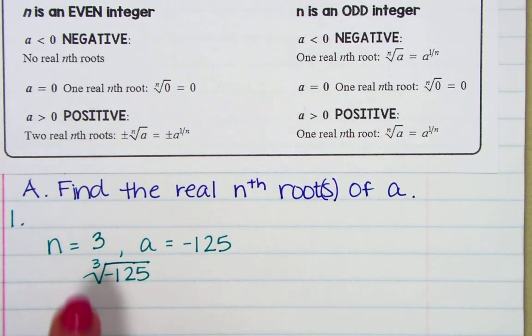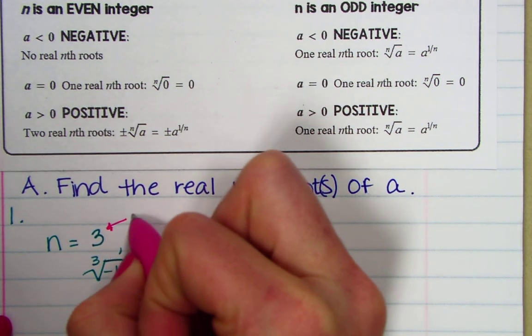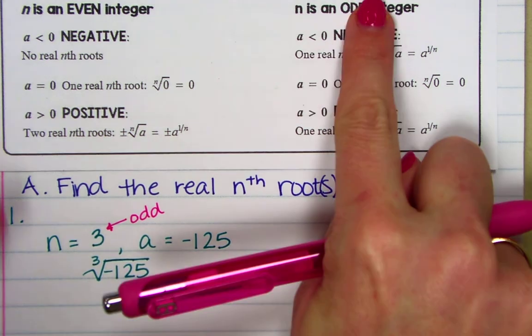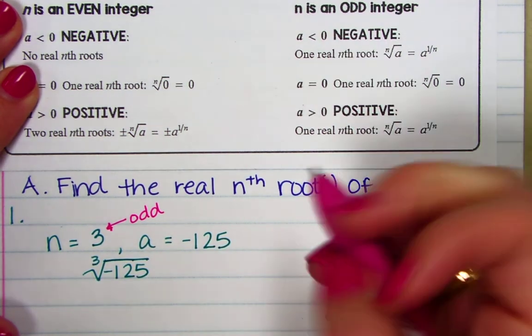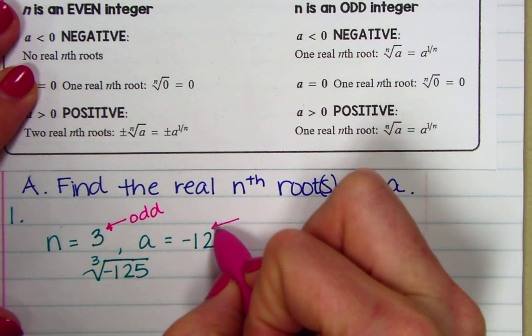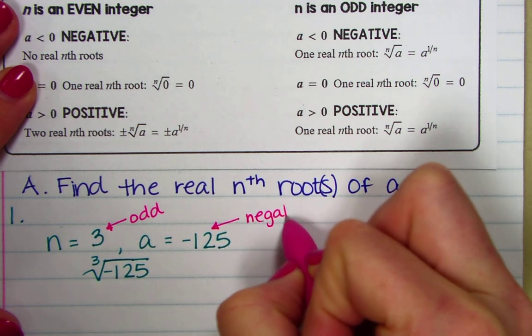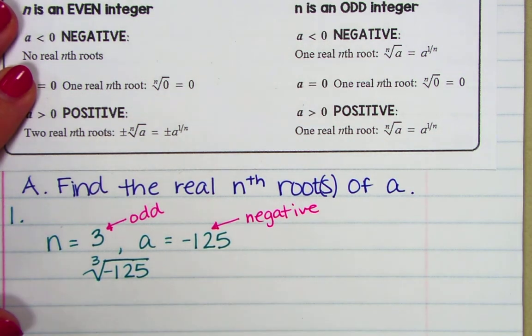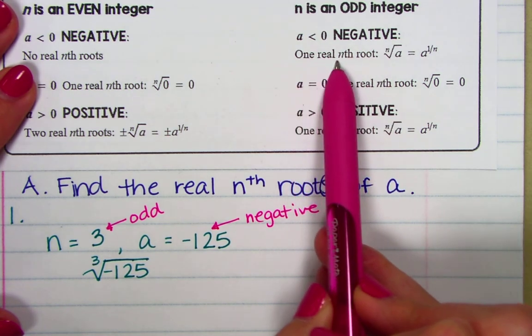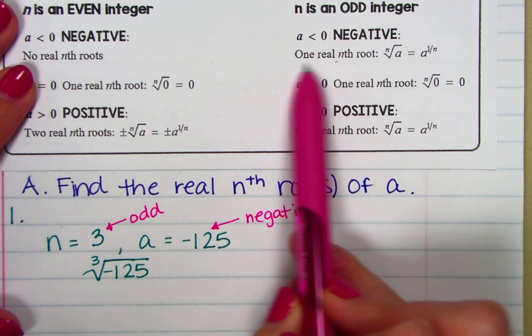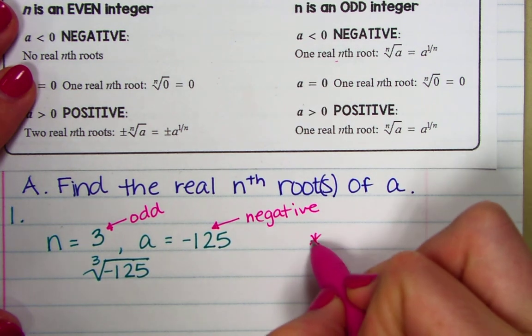First we look at n. Is it odd or even? Odd. Then a: is it positive, negative, or 0? Negative. So odd, negative, how many roots are there? 1. So we're going to say 1.